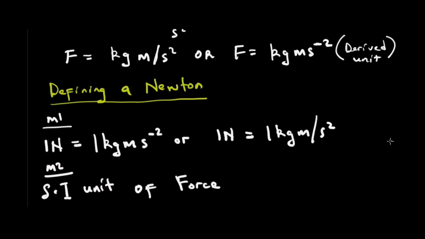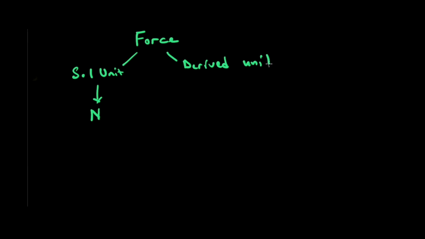So what we have done, my friends, is derive the derived units of force. Our summary is that for force, the SI unit of force is the Newton. The derived unit of force is kg meters per second squared.